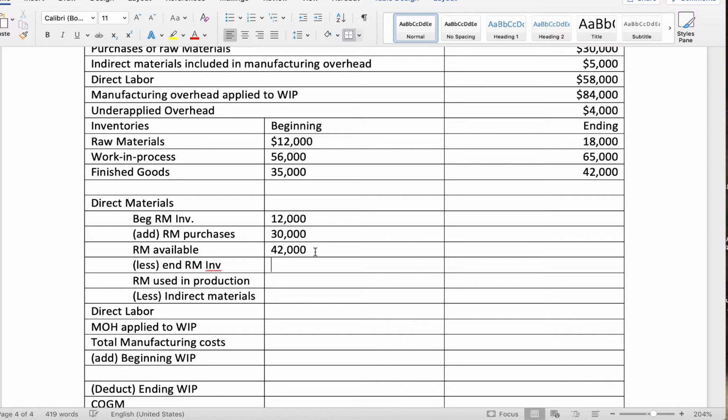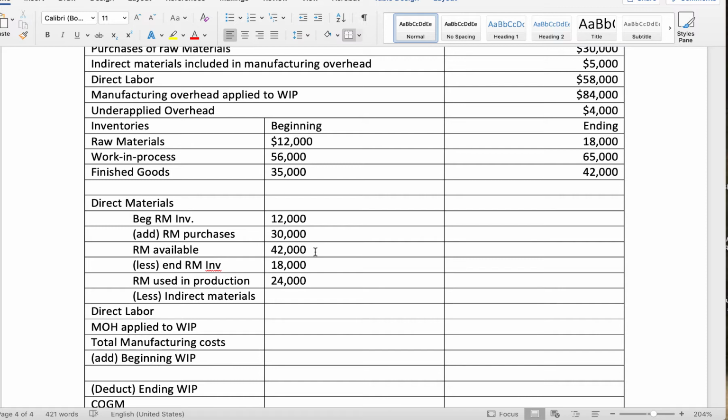Now, how much raw materials did I use? Easy. I take what's available, the 42,000, and subtract the ending raw materials inventory of 18,000. So I must have used $24,000 in raw materials. Now hold on. We need direct materials. Everything comes out of raw materials, direct materials and indirect materials.